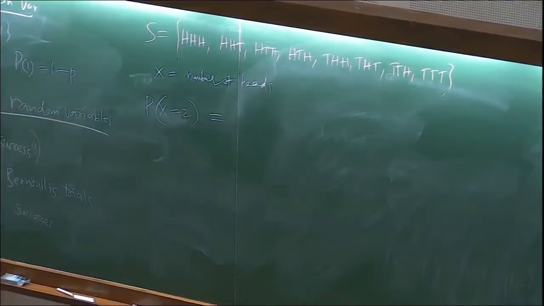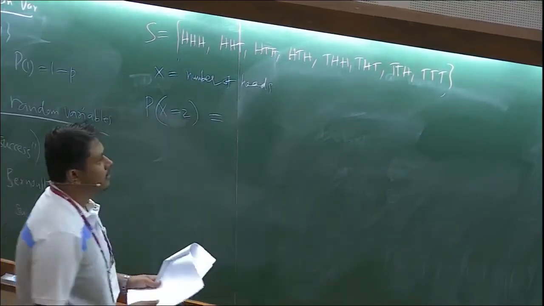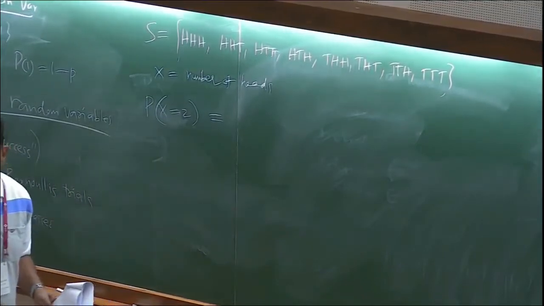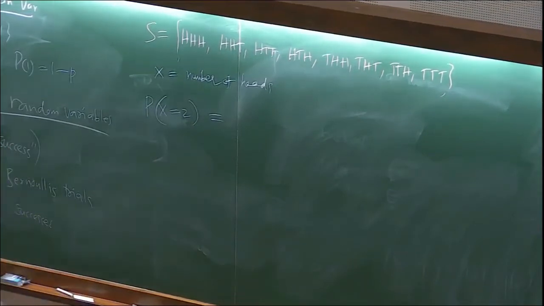How do I compute this? Remember, theta is the probability of getting a head. So what are the events in this sample space which will give you x equal to 2? That's basically the question. Well, I said the probability of getting a head is theta, so it just can't be 3.